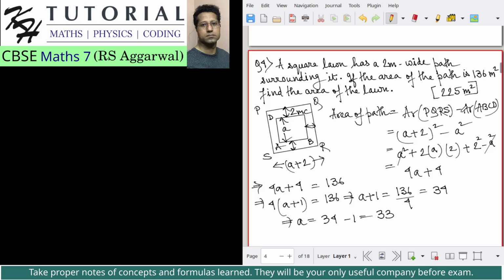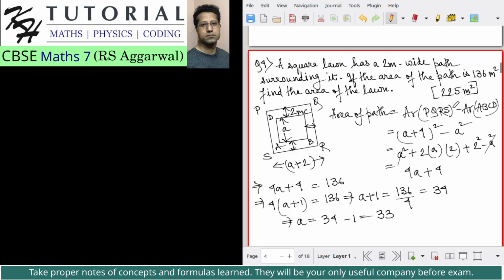If the width of the path is 2 meter, then the length of each side of the square PQRS will not be a plus 2 but a plus 4. This will be 4, because on both the sides we will have to add 2 meter.